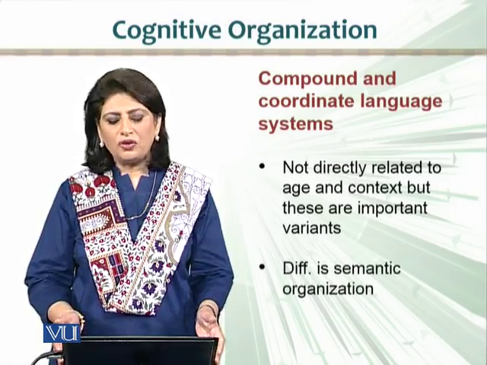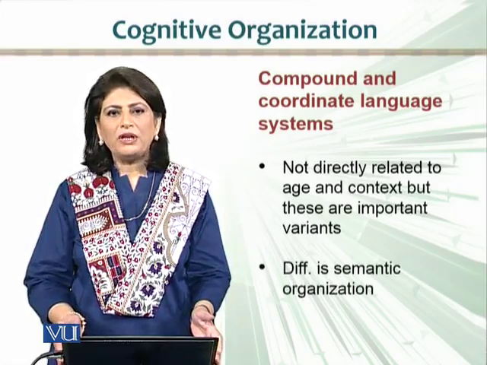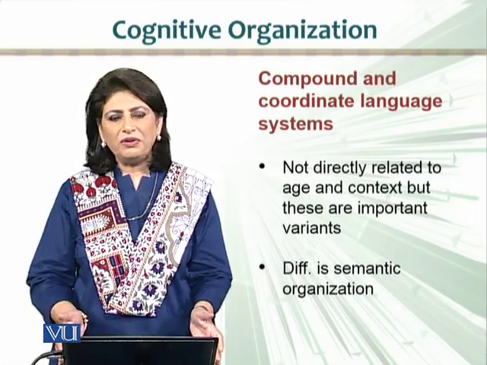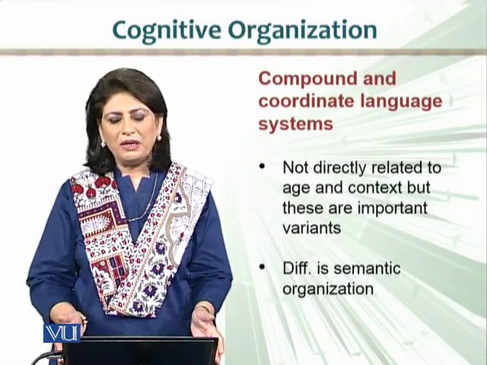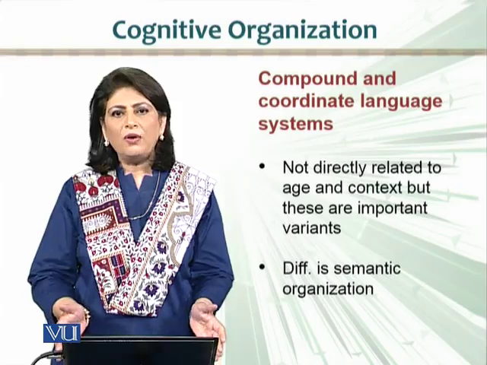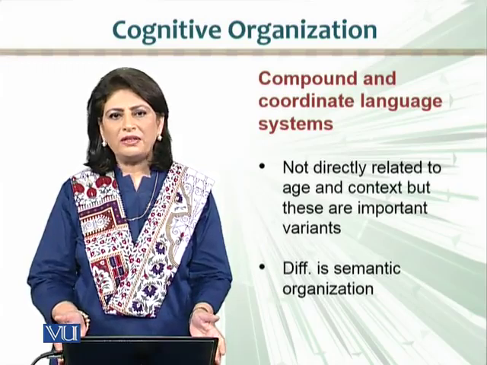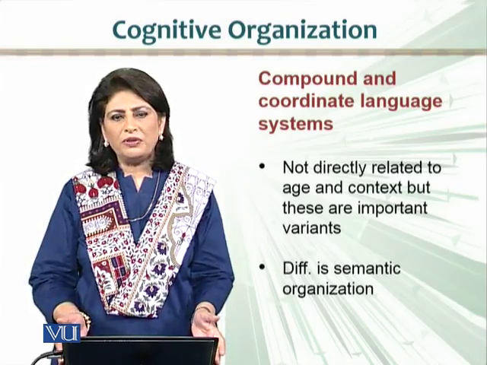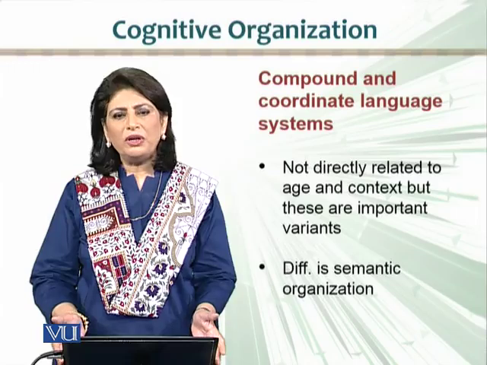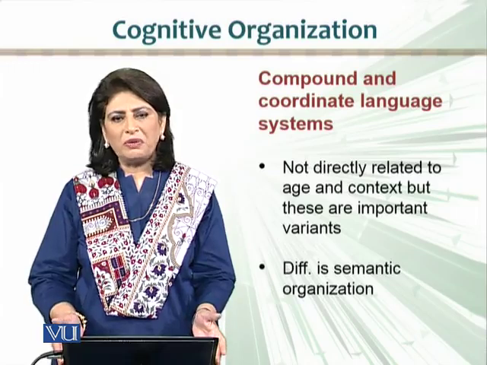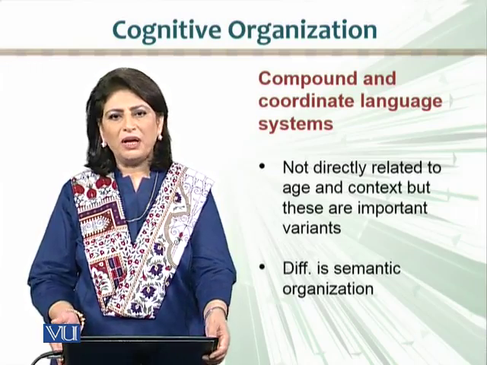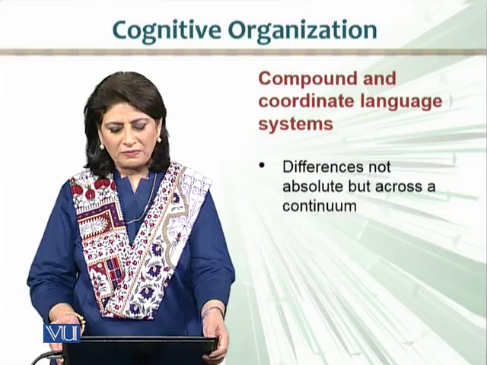So what we are actually saying is that in compound and coordinate language systems, the distinction we are making is of semantic organization. How is the meaning organized when the languages are used? Do they express the same meaning, or do we use two languages to express different sets of meaning? That is the difference between compound and coordinate language systems.